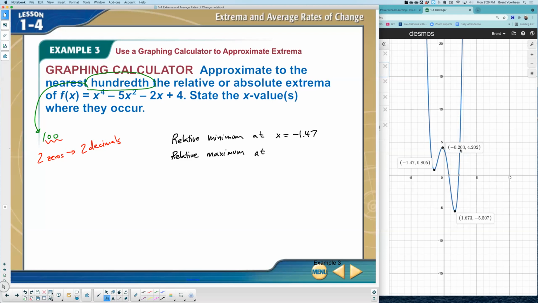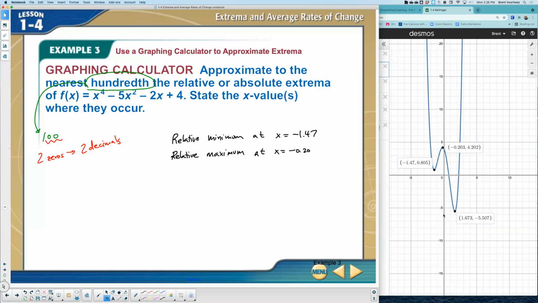Okay, that was way too hard for me. If the number is less than 5, it stays. If it's greater than or equal to 5, it increases. So this one, you just cut the 3 and say it'd be x equals negative 0.20.